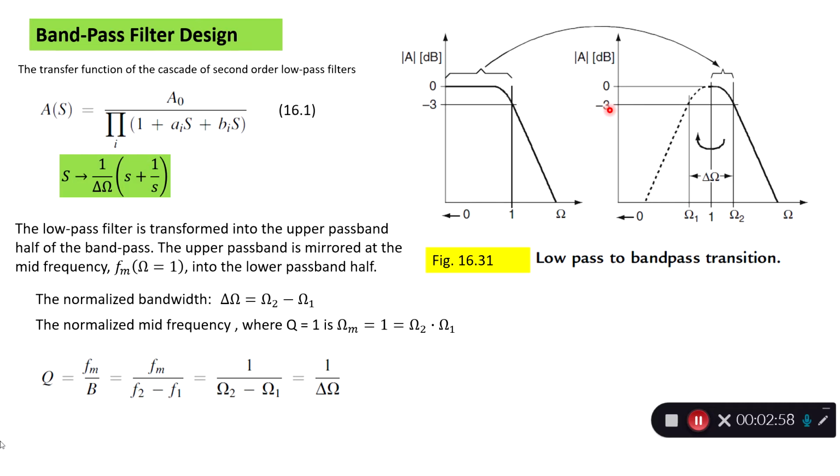That's our definition. So when we scale it to the mid frequency, we divide F2 by Fm and F1 by Fm, and then we get the normalized upper and lower frequencies, and this is then the bandwidth delta omega. And since Fm is also normalized to Fm, it becomes 1 over the delta omega.